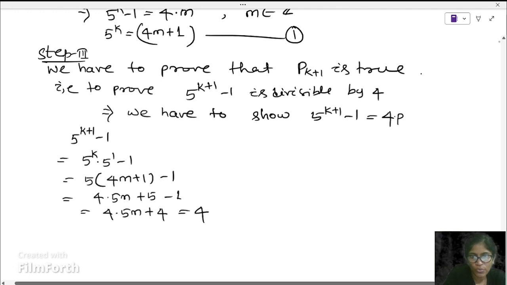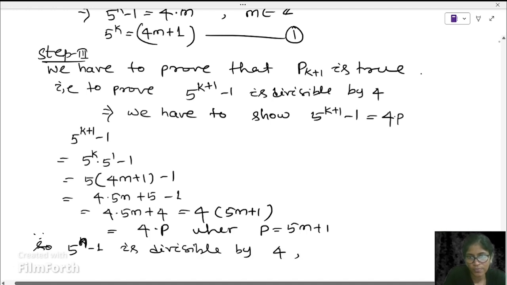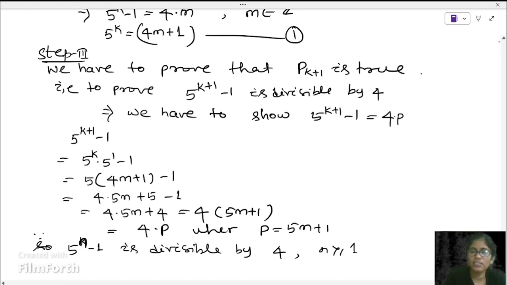That's equal to 4 into (5m plus 1), which we can write as 4 into p, where p is equal to 5m plus 1. That means some multiple of 4. So, 5 to the power n minus 1 is hence divisible by 4 for n greater than or equal to 1.